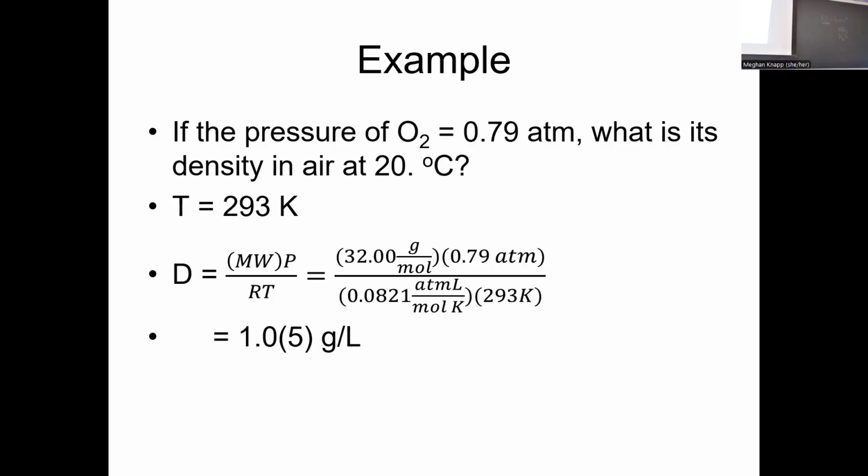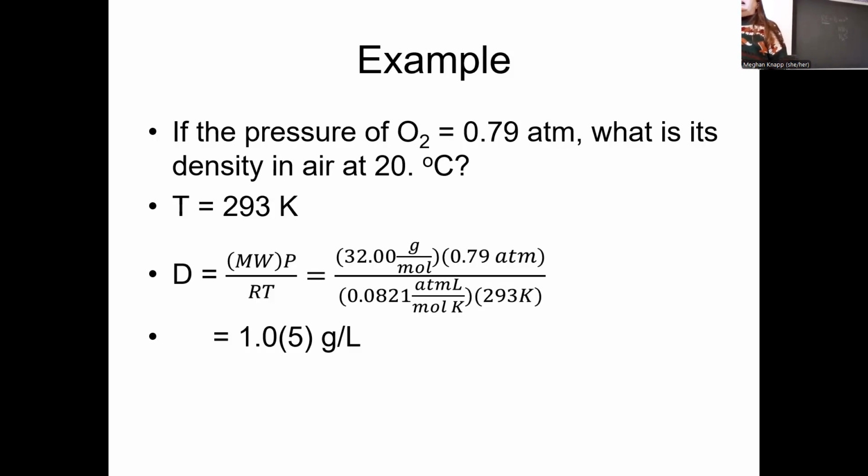All right, if you are getting something that is much larger than that, that is probably because when you're putting in this 293, your calculator thinks you are multiplying instead of dividing. So when you enter it, if you're just doing one right after the other, you would do 32 times 0.79 divided by 0.08 divided by 293.